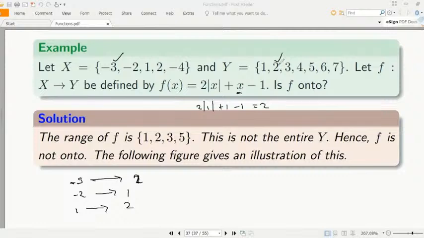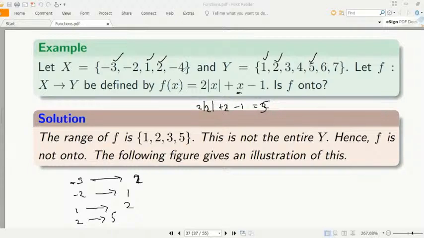Then we come to 2. Where there is x, just write 2. And here it's 1 plus 4, that would be 5. So 2 is assigned to 5.